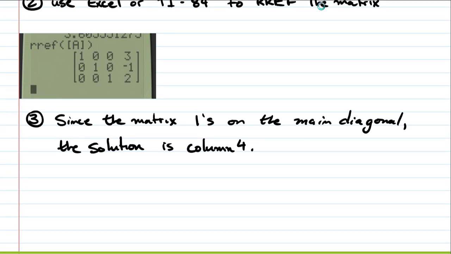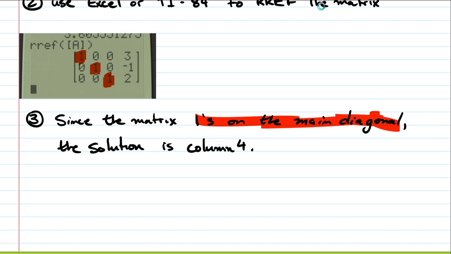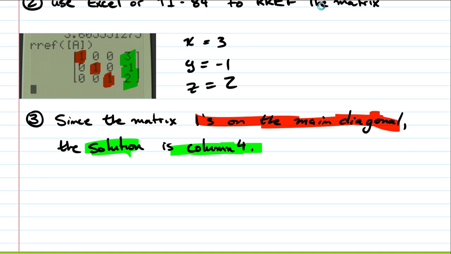So our system of equations really is x equals 3, y equals -1, and z equals 2. Our solutions are really just column 4, so it tells us what x, y, and z are. So x, y, z is equal to 3, -1, and 2. That would be the solution to that linear system.